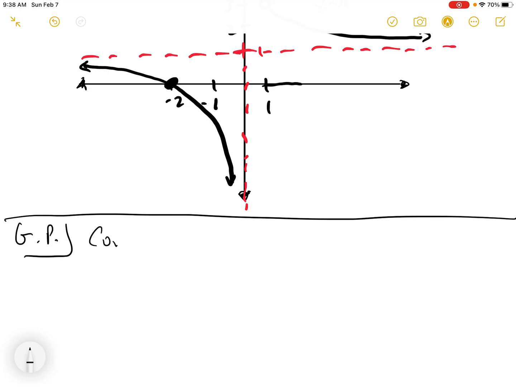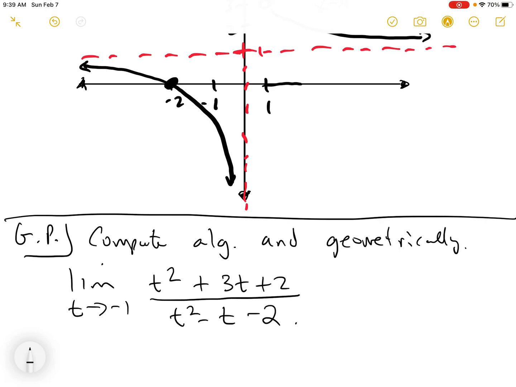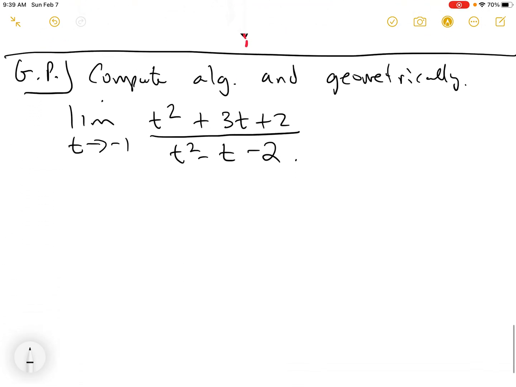So you're going to compute algebraically and geometrically the limit as t approaches minus 1 of t squared plus 3t plus 2 over t squared minus t minus 2. So I'm using t instead of x. And you're just going to mimic what I just did here. And then I'll see you in a minute.